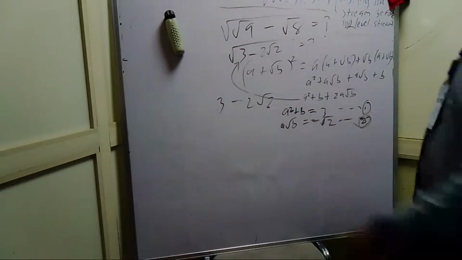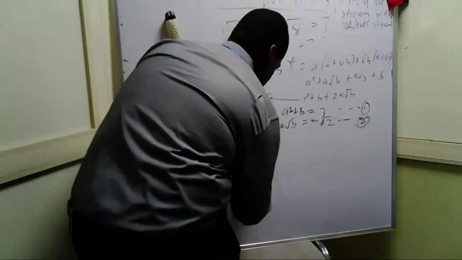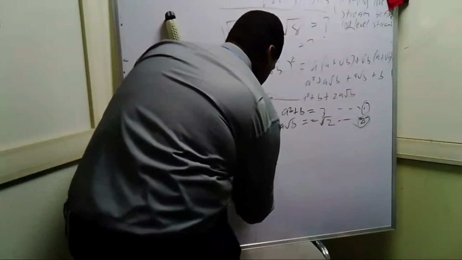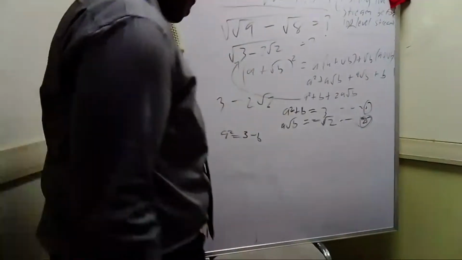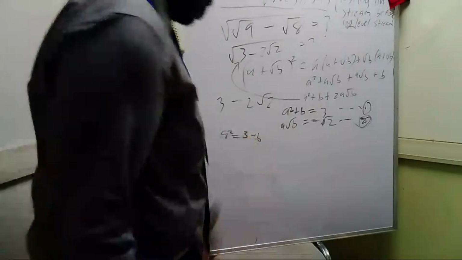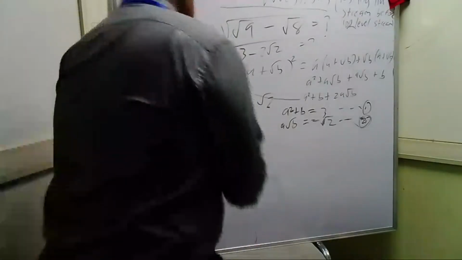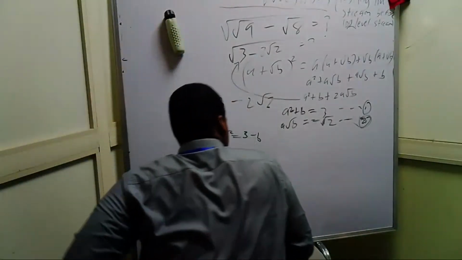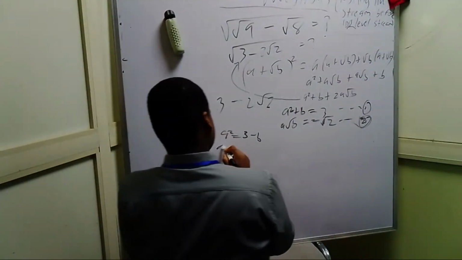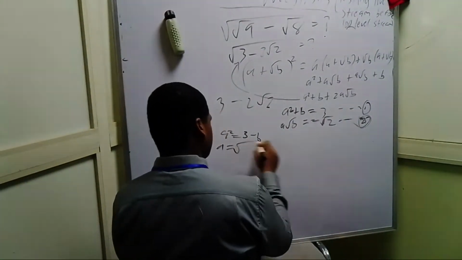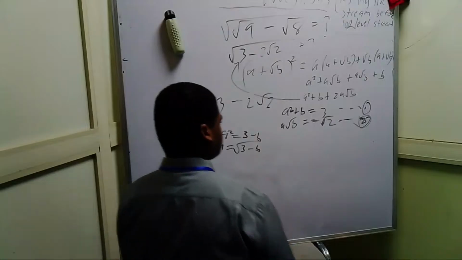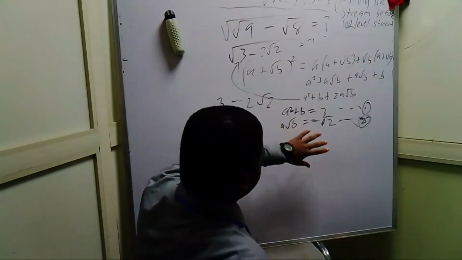For equation 1, we have that a squared must equal 3 minus b. So taking the square root, a will now equal the square root of 3 minus b. I'll go again.